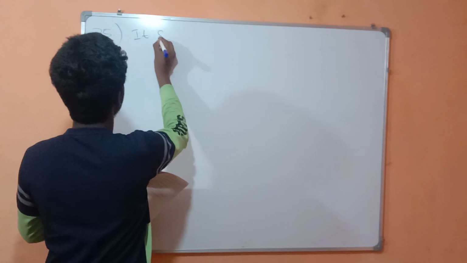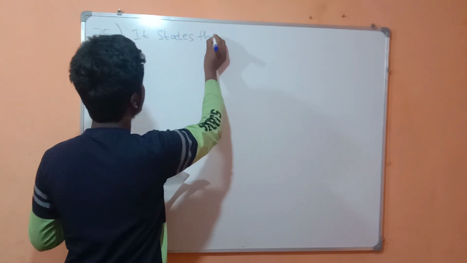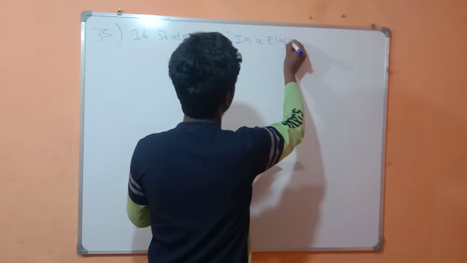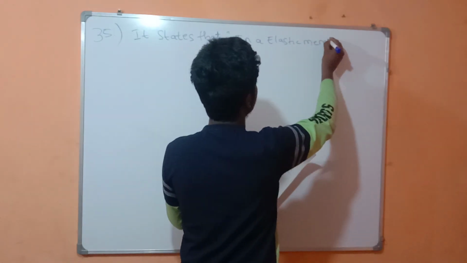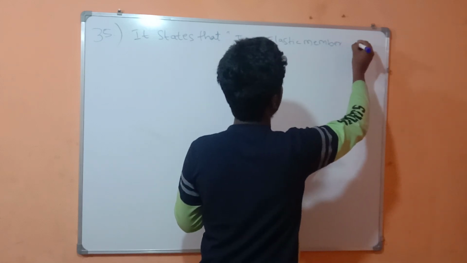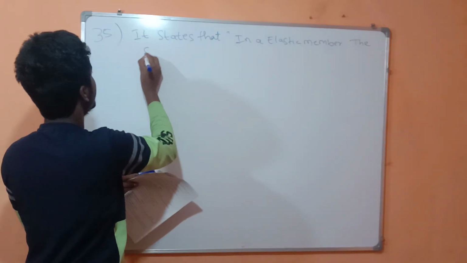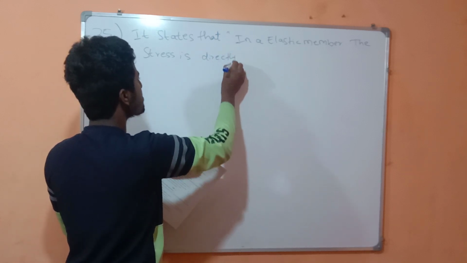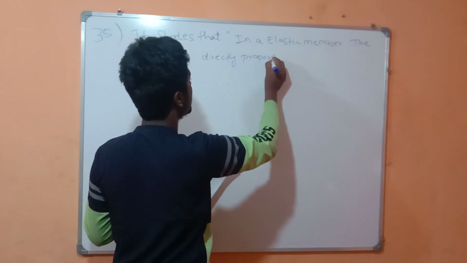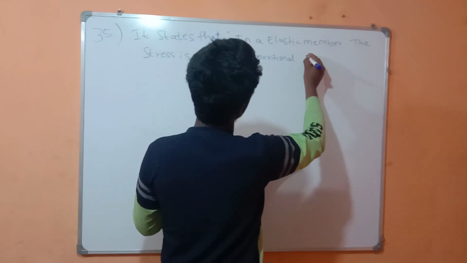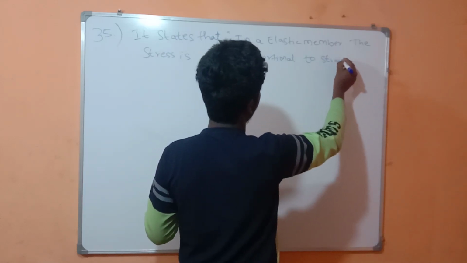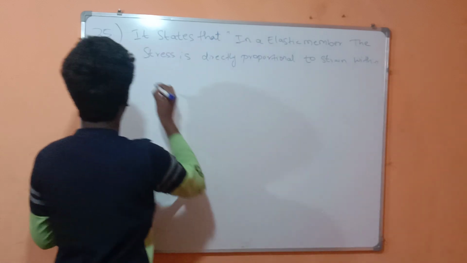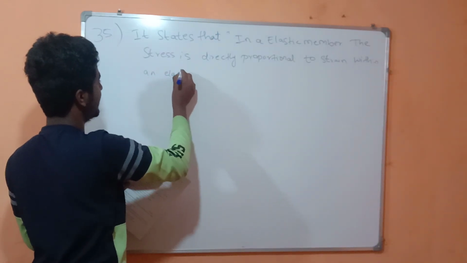Hooke's law states that in an elastic member, the stress is directly proportional to strain within an elastic limit.